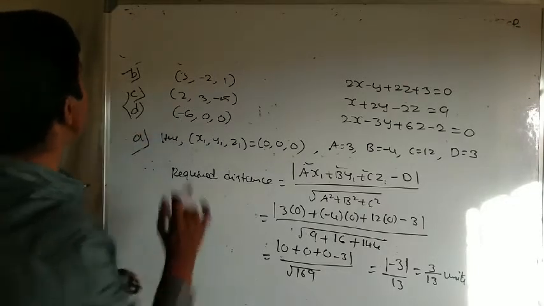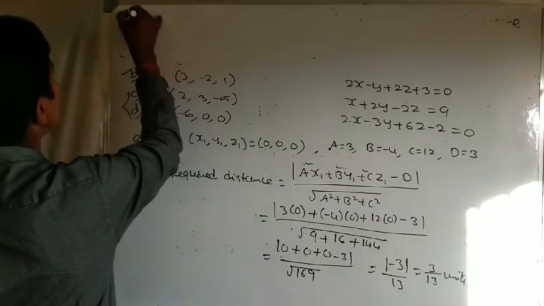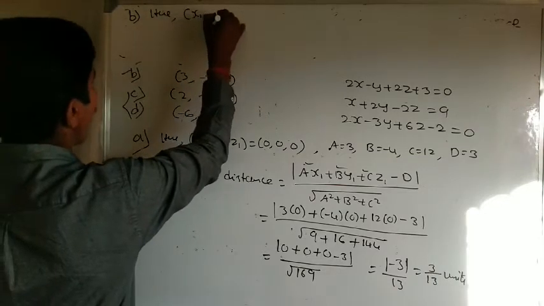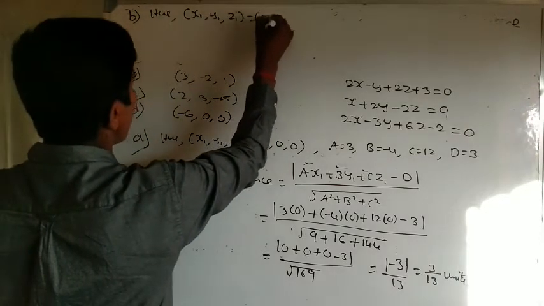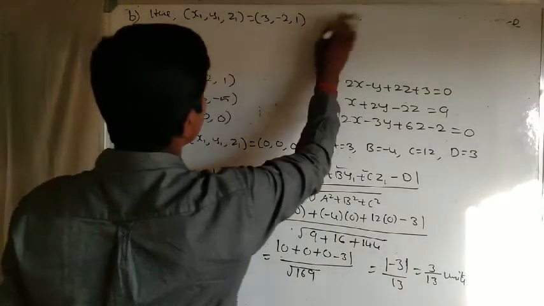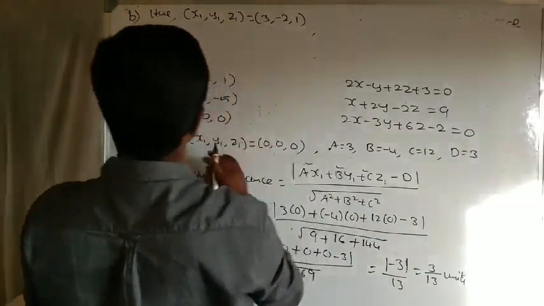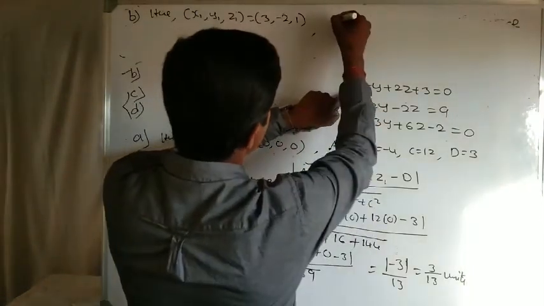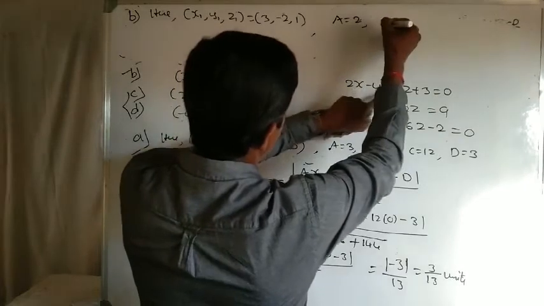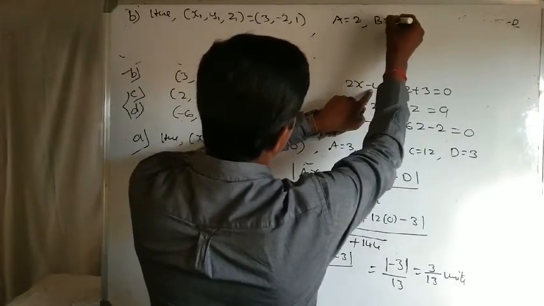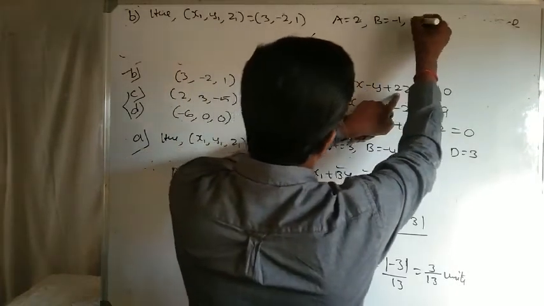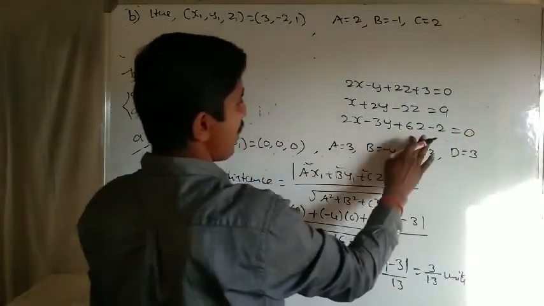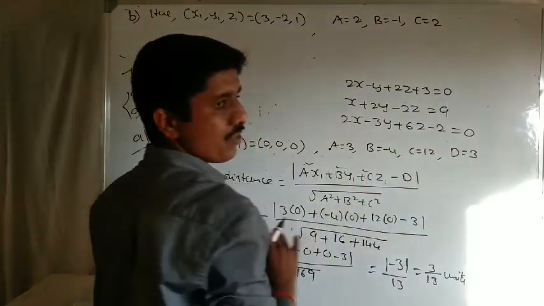For B, x1, y1, z1 is (3, -2, 1). The x coefficient A is equal to 2, y coefficient B is equal to minus 1, z coefficient C is equal to 2. Taking plus 3 to the right side, it becomes minus 3, so D value is minus 3.